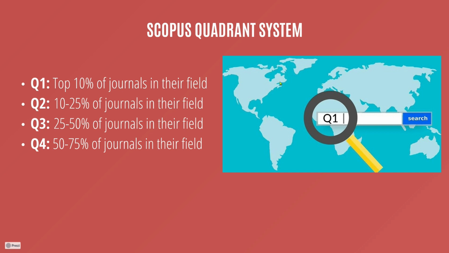The journals in each quadrant are ranked according to their impact factor, which is a measure of how often their articles are cited by other researchers. The impact factor is calculated by dividing the number of citations received by a journal in the past 2 years by the number of articles published in the journal in the same 2 years.